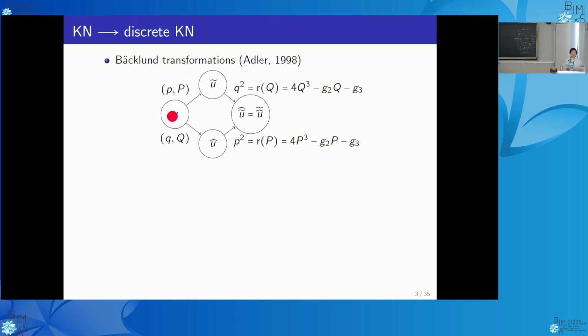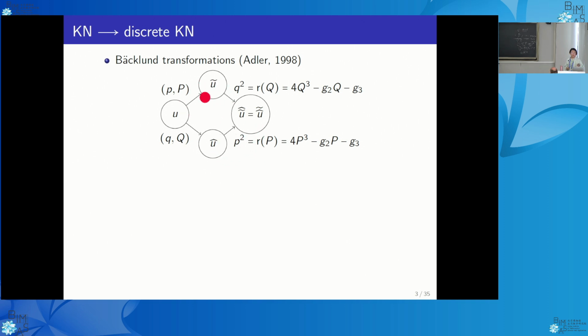From a seed solution u, we can use the Backlund transformation with parameters little p, big P, to get another solution u tilde. Here, little p, big P is a point on the elliptic curve.